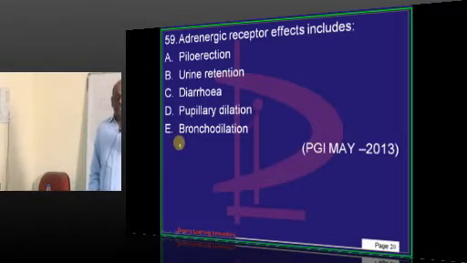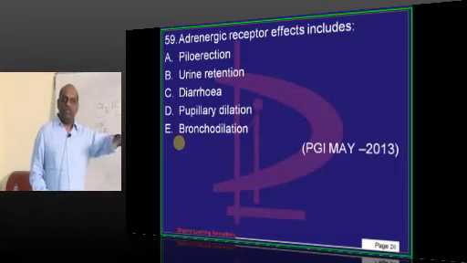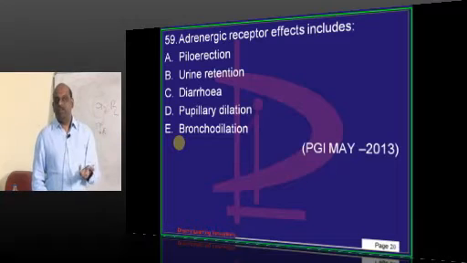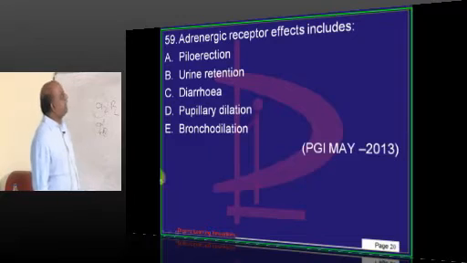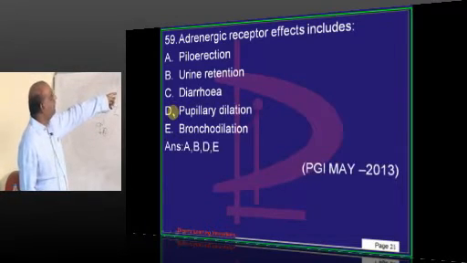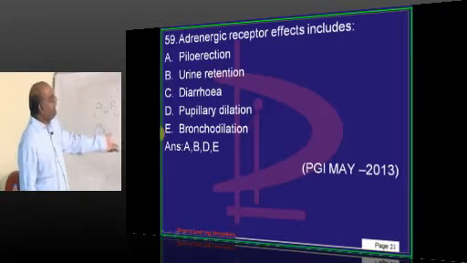What are the effects if you stimulate the adrenergic receptor? You all know cholinergic will stimulate the peristalsis and lead to diarrhea. Opposite should be there for adrenergic. Adrenergic stimulation should not cause diarrhea, it should cause constipation. So that is the exception. Piloerection, urinary retention.